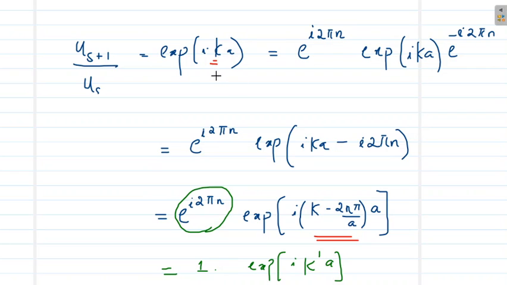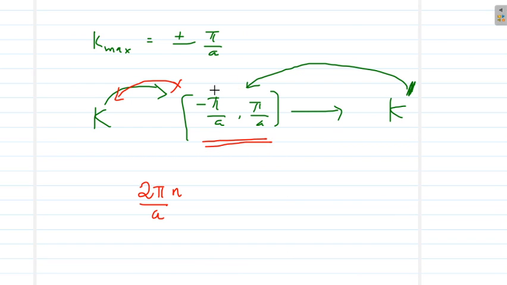So without affecting the physical significance of the wave vector, we can transform K into a new wave vector K dash by adding or subtracting a term 2n pi by a. So even when the wave vector does not lie in the range of minus pi by a to plus pi by a, which is the first Brillouin zone, you can change it to another wave vector K dash which lies in the first Brillouin zone.